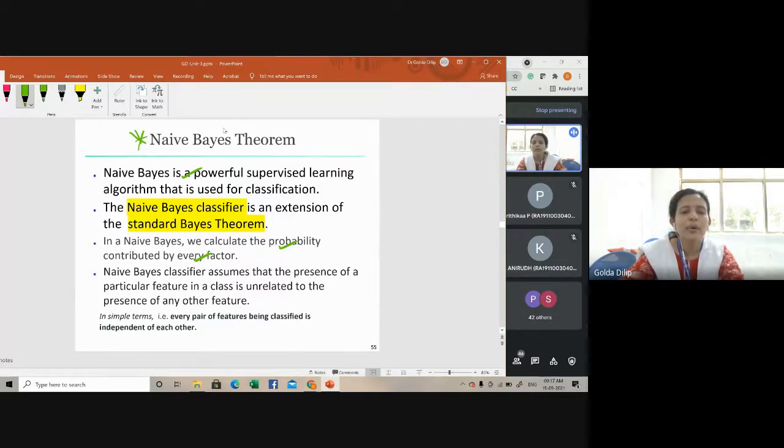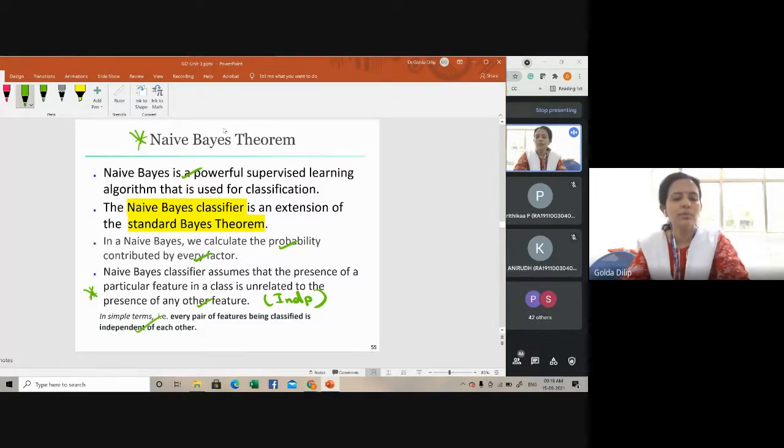The naive Bayes classifier assumes that the presence of a particular feature in a class is unrelated to the presence of any other feature, in the sense it is independent. Every pair of features being classified is independent of each other. This is the most important thing, so you can even make a note of it.